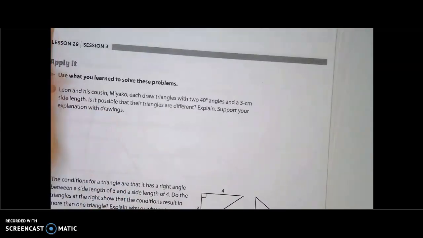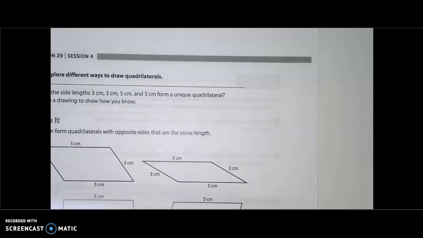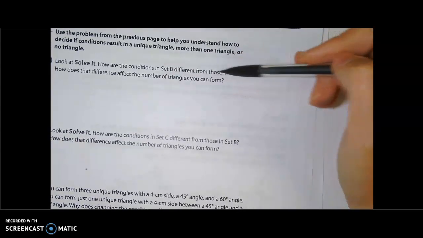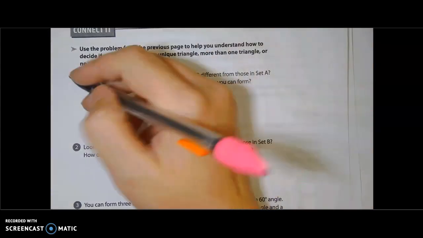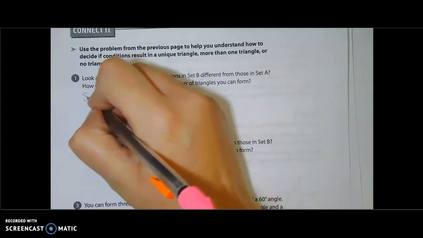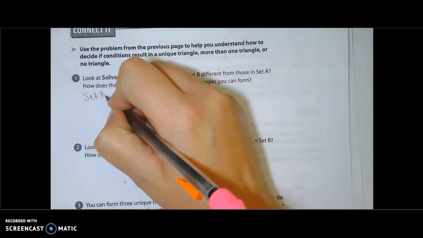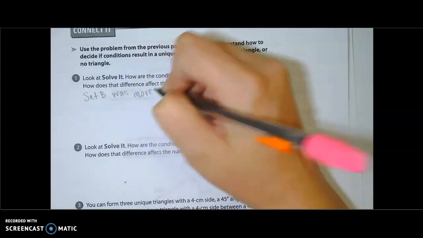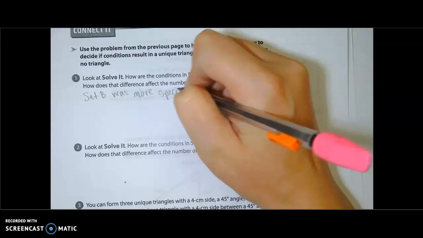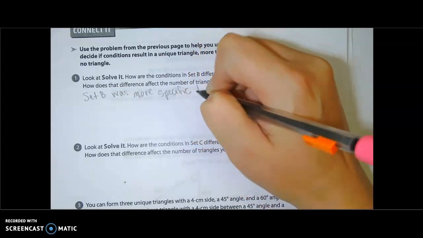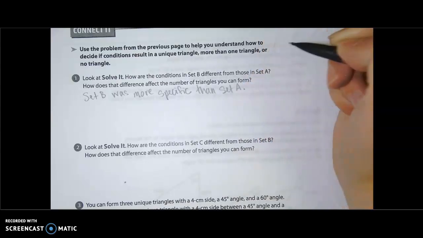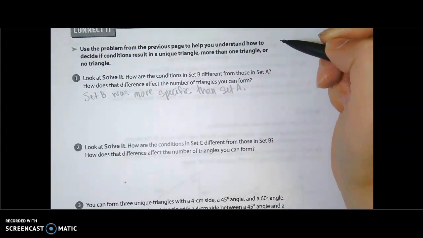So then we went into the connected piece. It's asking, how are the conditions in set B different than those in set A? Well, we were more specific. So set B was more specific than set A. And then what did that do to the number of triangles we could make?